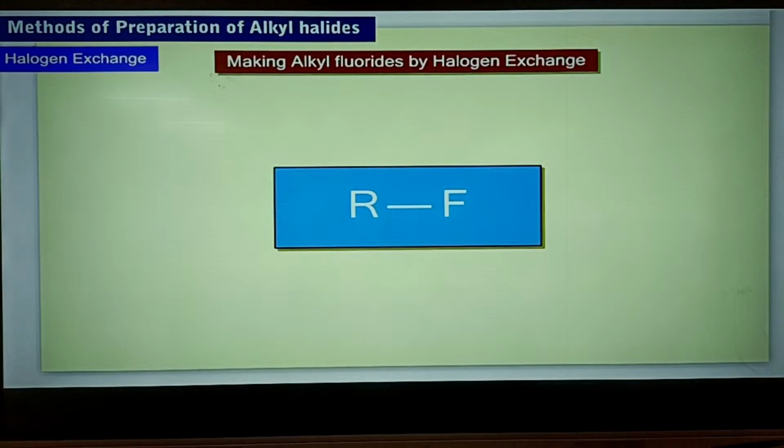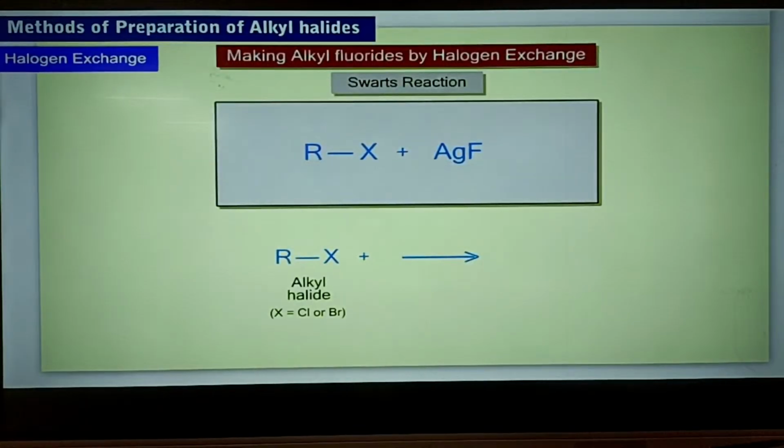Halogen exchange also provides a synthetic route to alkyl fluorides, which are difficult to make by the other methods discussed in this module. In the Schwarz reaction, an alkyl chloride or alkyl bromide is heated in the presence of a metallic fluoride, such as silver fluoride, mercurous fluoride, cobalt chloride, or antimony trifluoride.